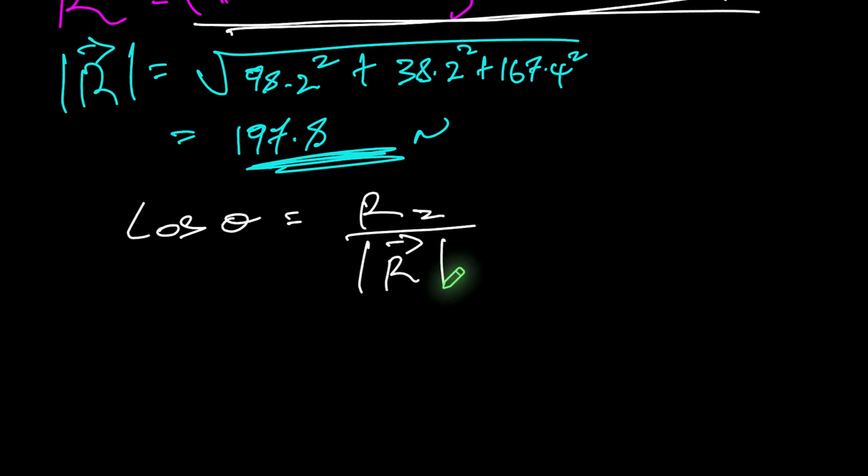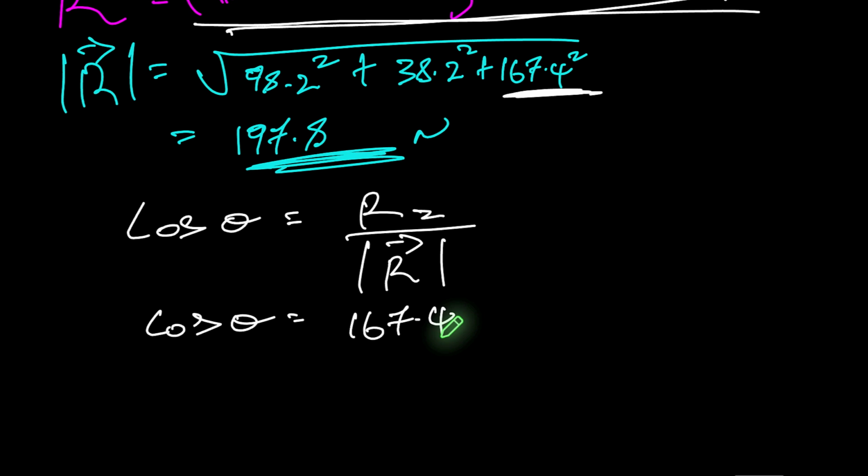Rz is 167.4, so cos theta equals 167.4 divided by the 197.8 we got for the magnitude. Therefore we take cos inverse of that.